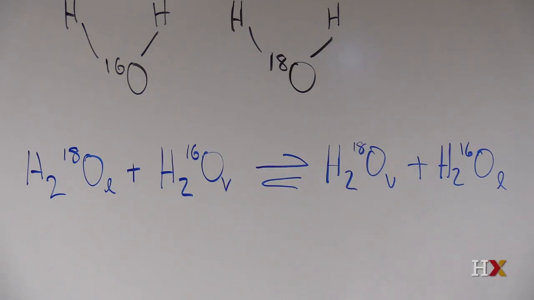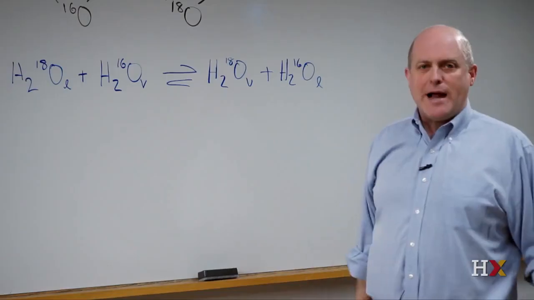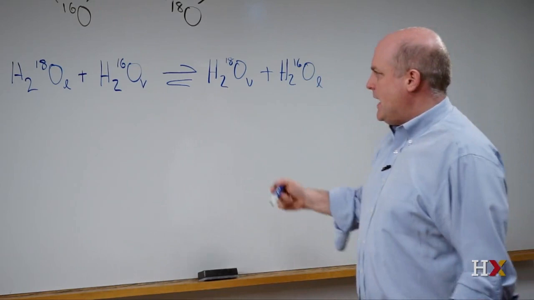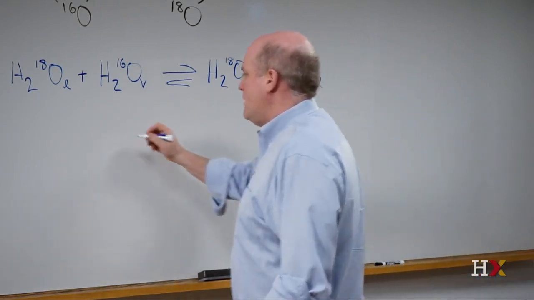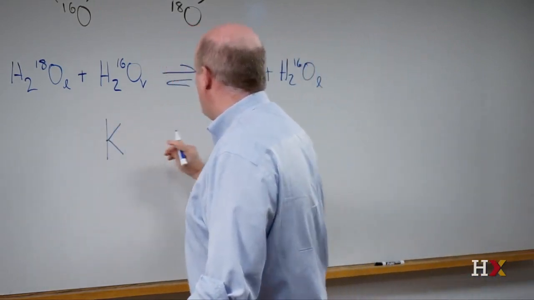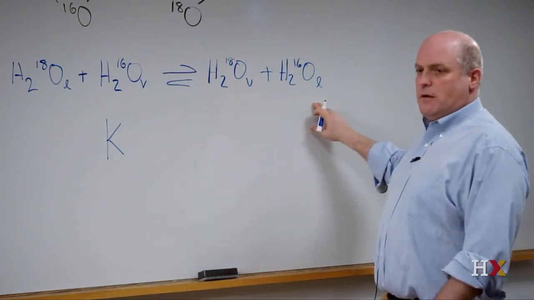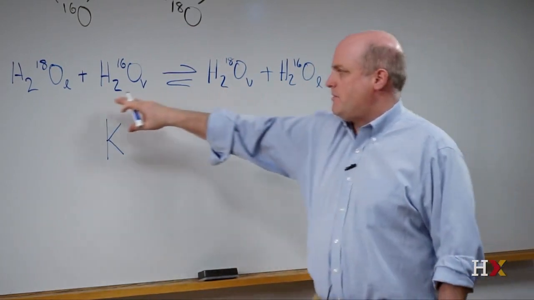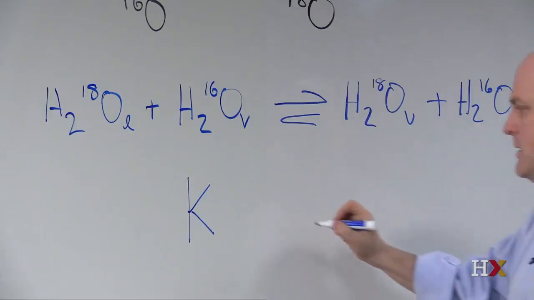We can write an equilibrium constant for this reaction. What happens when this reaction comes into equilibrium so that the forward and backward reaction rates are the same. In that case, that equilibrium constant is just equal to the product of the products divided by the product of the reactants.